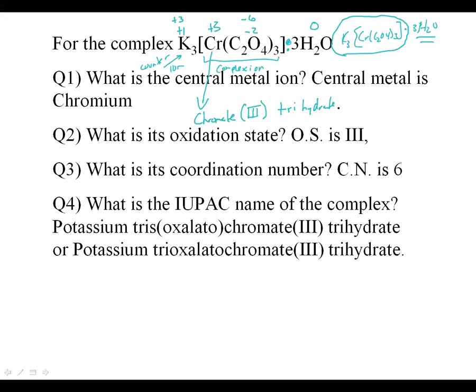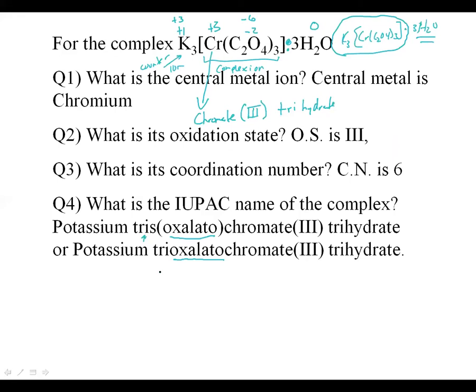Now, in this case, we have 3 of the oxalates. As I mentioned previously, oxalate becomes oxalato, which is where the prefix name comes from. And as I also mentioned, this is one where sometimes people will use tris for this because there's 3 of them, and sometimes people will use tri for this one.